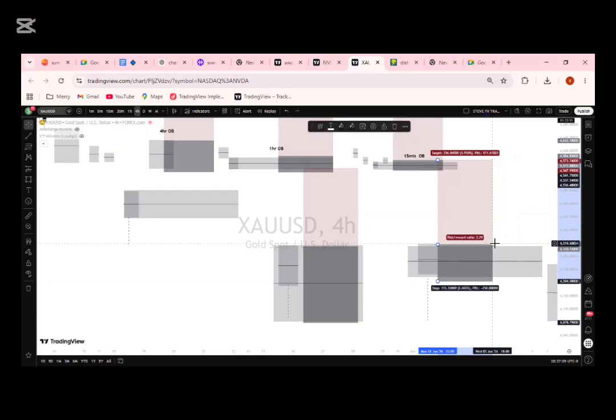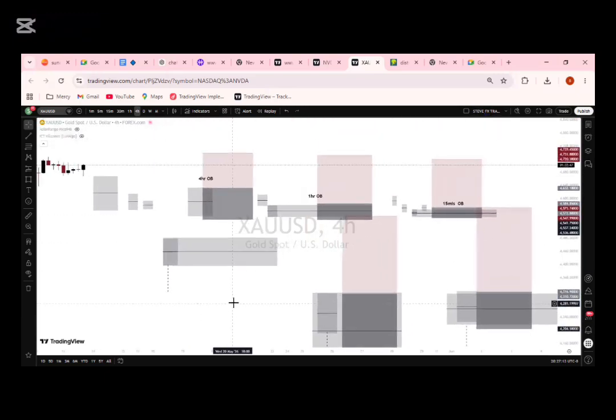So that is it when it comes to refining your order block, either by lower time frame refinement, or by using the candle body to refine your order block.